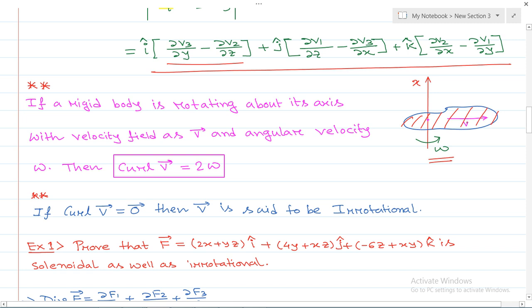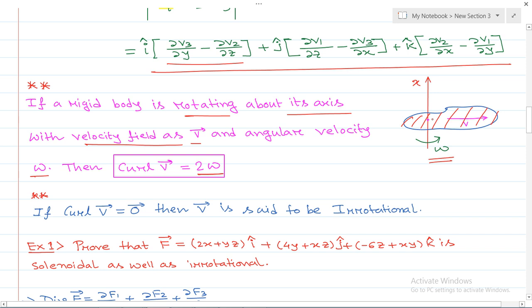So if a rigid body is rotating about its own axis with a velocity field v vector and angular velocity omega, then curl of v vector gets us the value 2 omega. So we can say that if a rigid body is moving about its axis, then the curl of its velocity vector equals twice the angular velocity.